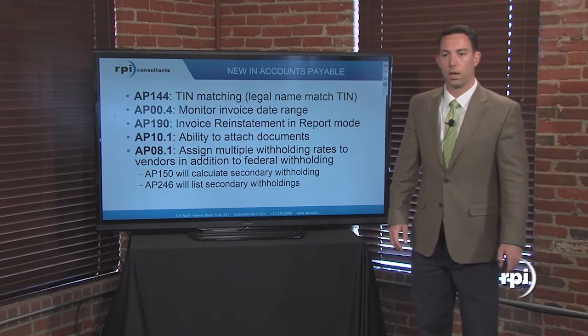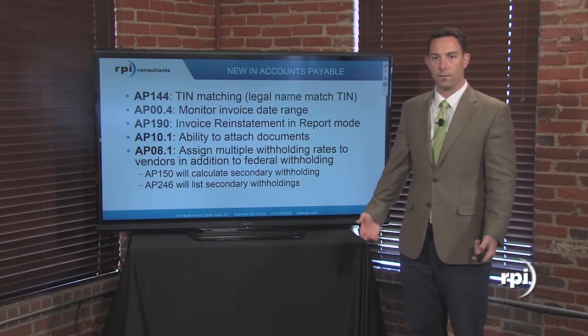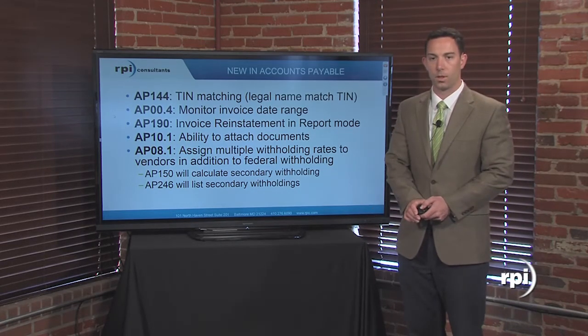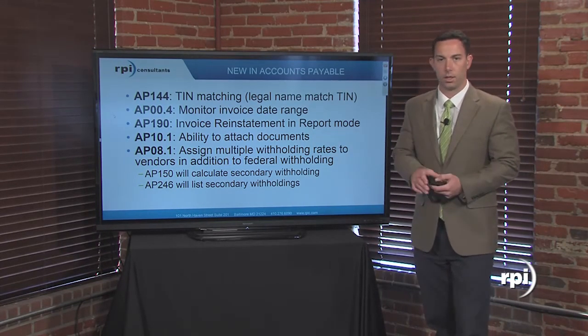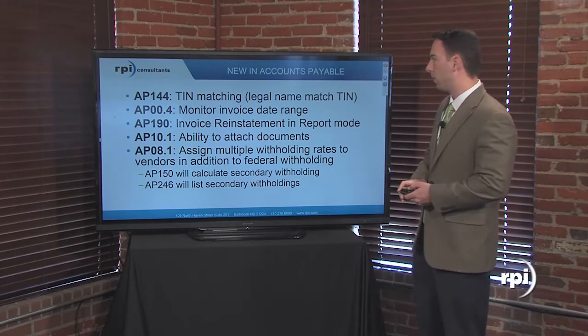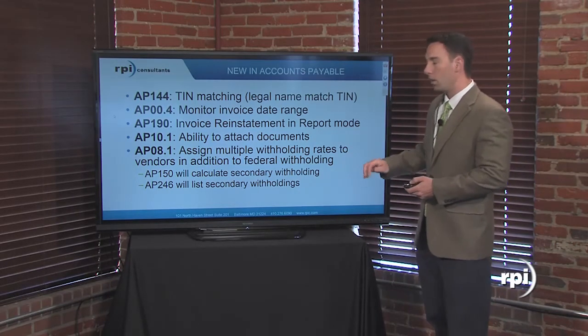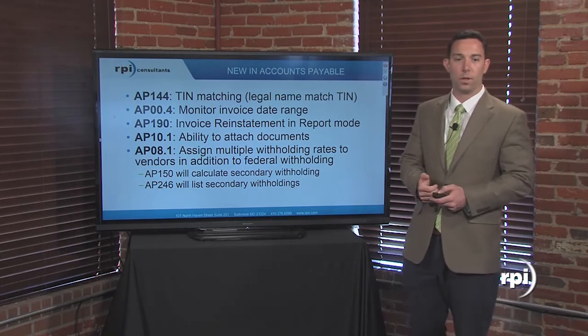All right, so let's start talking about the applications. What's different in these applications? What's new and enhanced? Starting with AP. So I have screenshots too behind these, but this is just a little overview of what is new in AP. The first thing being the AP 144.